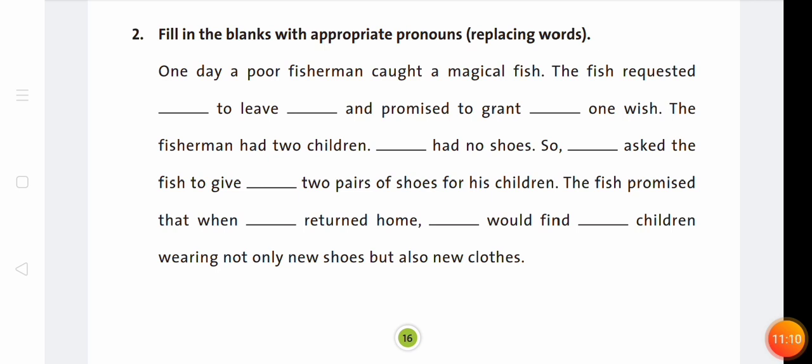The fisherman had two children. They had no shoes.